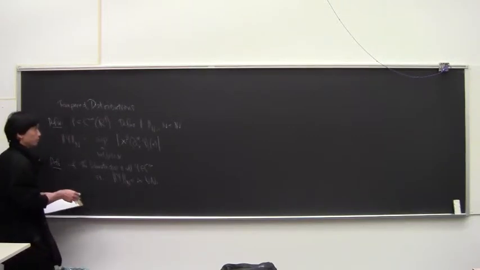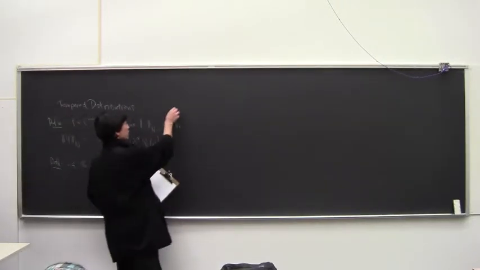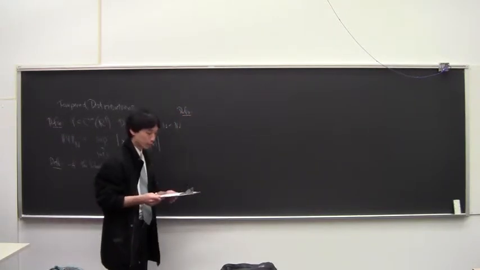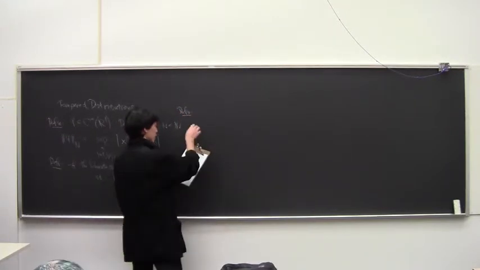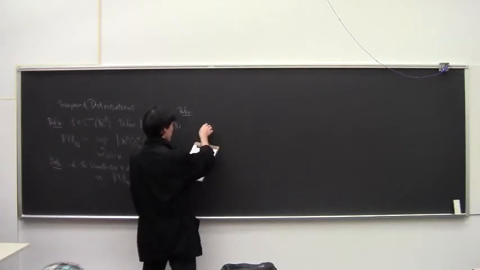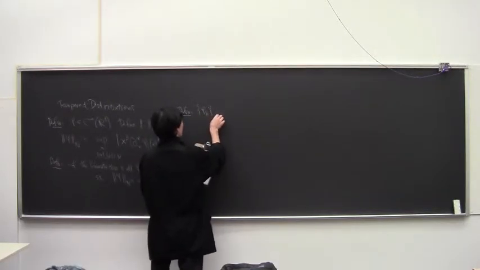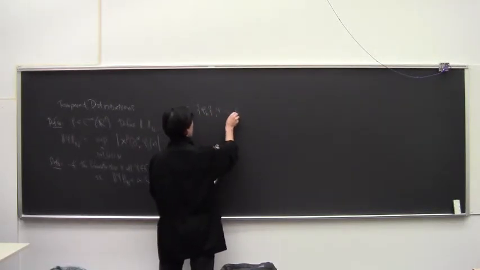And then we have a couple more notions. As usual, we're going to avoid talking about the topology and just talk about convergence. So we assume phi sub k and phi are in the Schwartz class.